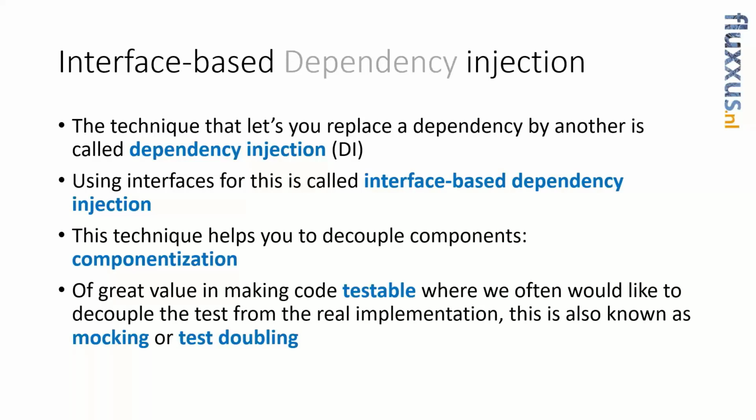So testable code, to get back to that, is code that allows us to have full control over the execution of that code. It's production code that is written in such a way that we can take control over dependencies. Yeah?